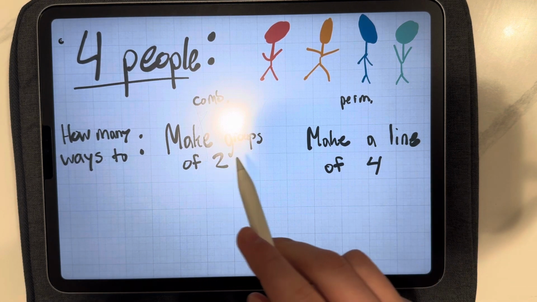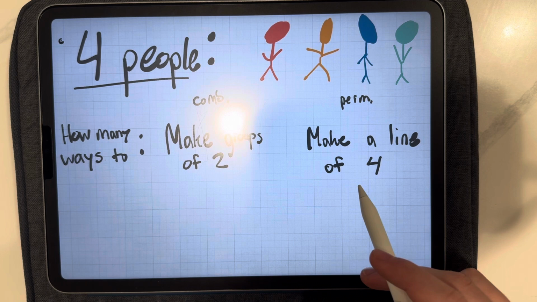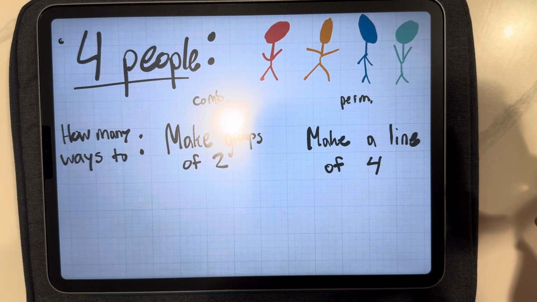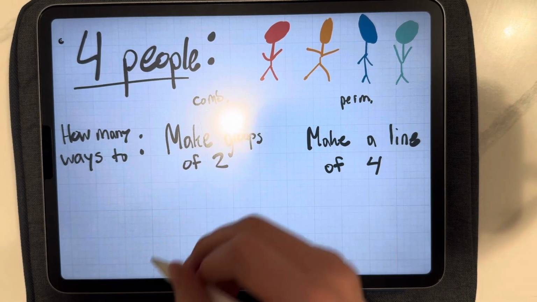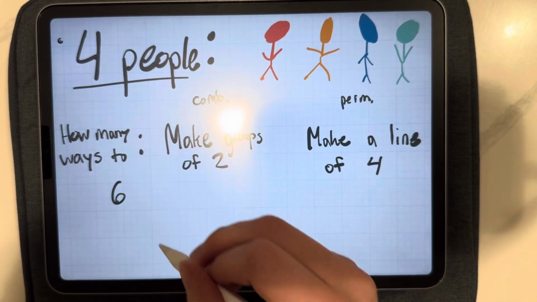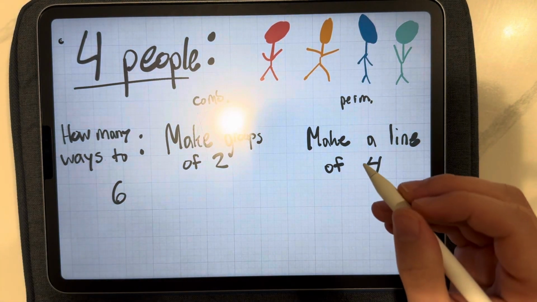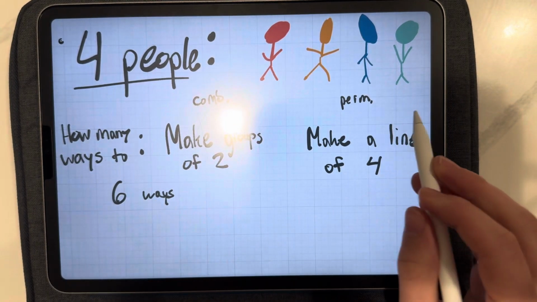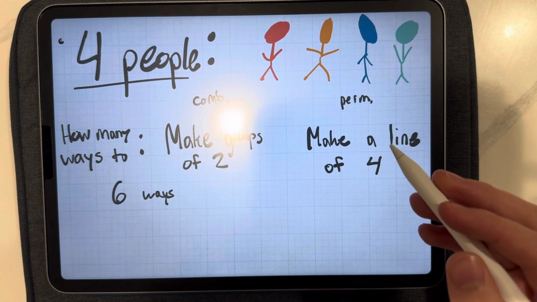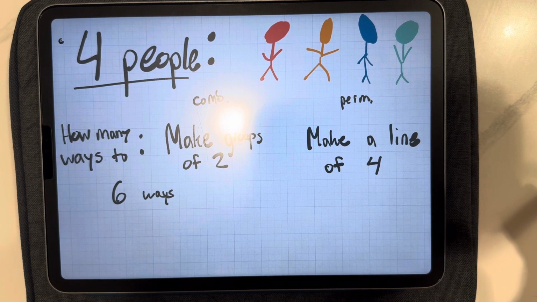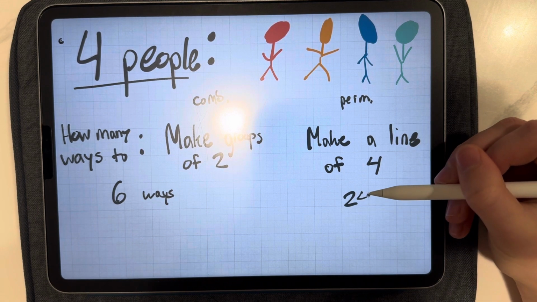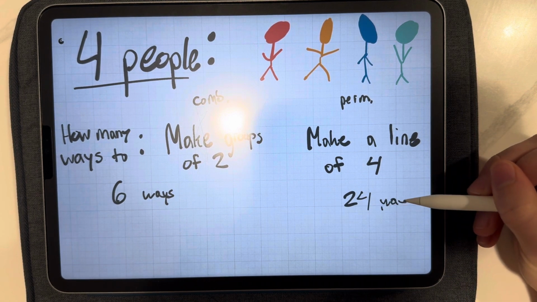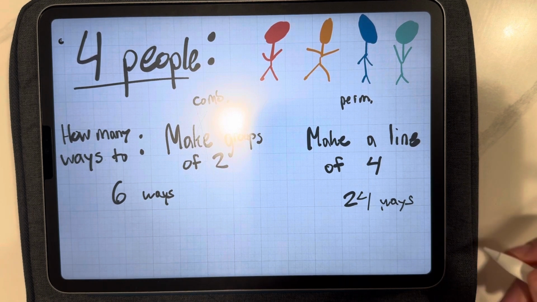And also, how many ways can you make a line with these 4 people? So there happen to be 6 groups, or 6 ways, and you could count it just like the colors question. So it's just a way of counting. And then there are 24 ways to line up the 4 people.